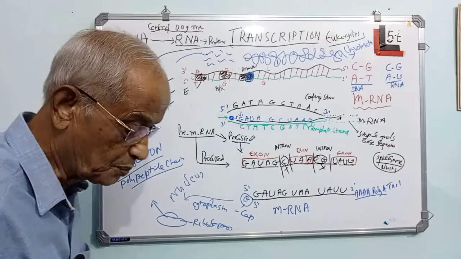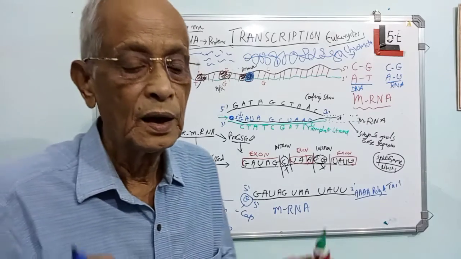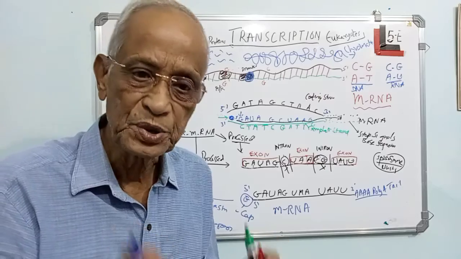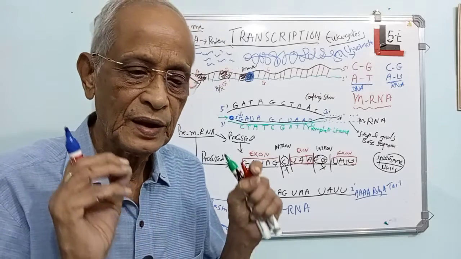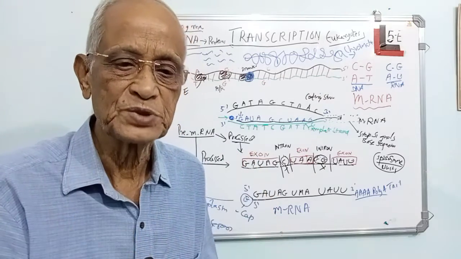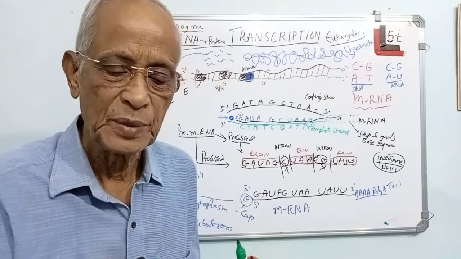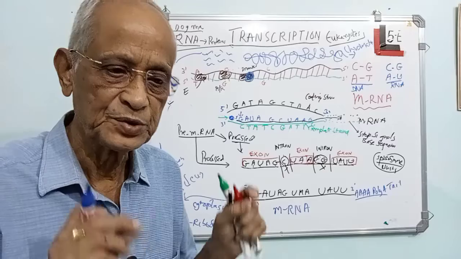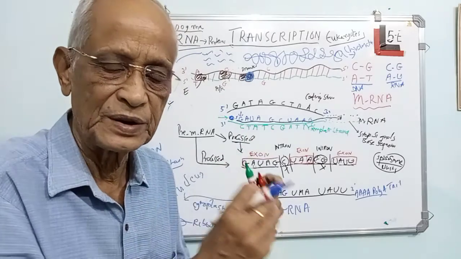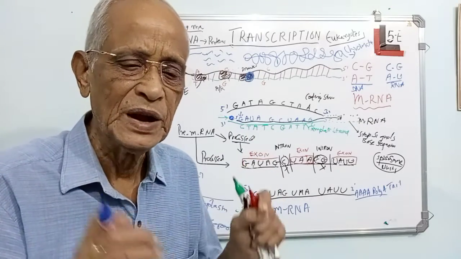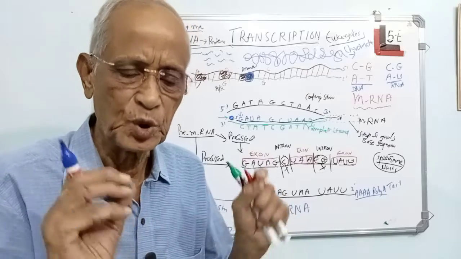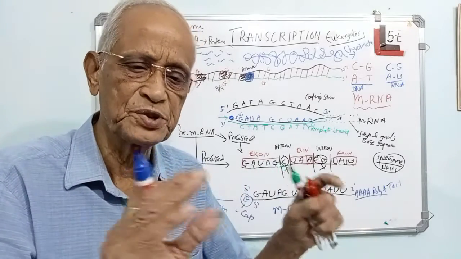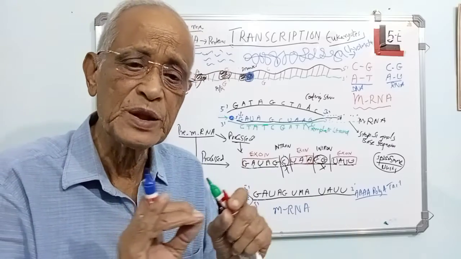So we will just stop here, because the cell takes all the precautions to see that the correct information is passed on to form the proteins. Because in our body cells there will be hundreds and thousands of segments of the DNA working at the same time and producing different types of proteins which will form into different tissues, organs and functions, etc. So there should not be any mistake.